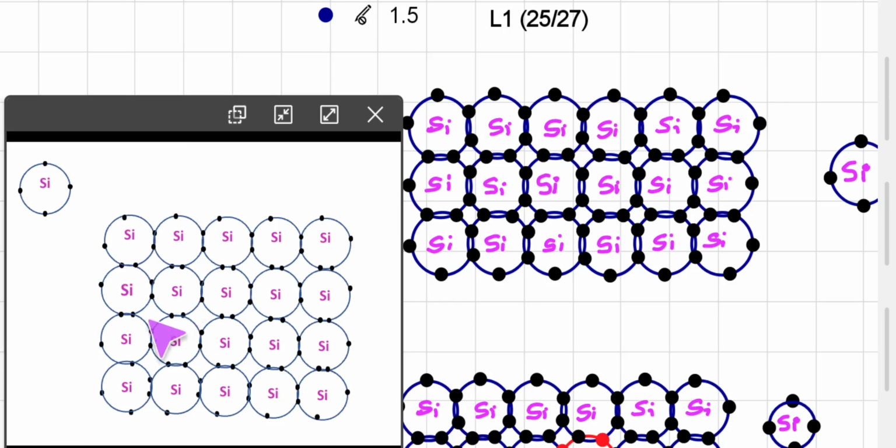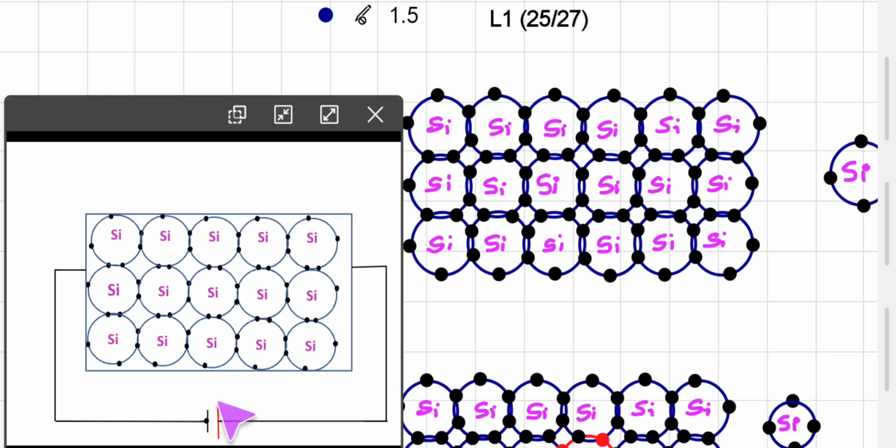So here you see that these are silicon atoms, and they share their electrons, forming a covalent bond, and their octet is fulfilled. That means by sharing the electrons, in the outermost shell there are 8 electrons, and that is why it is behaving as a stable atom.